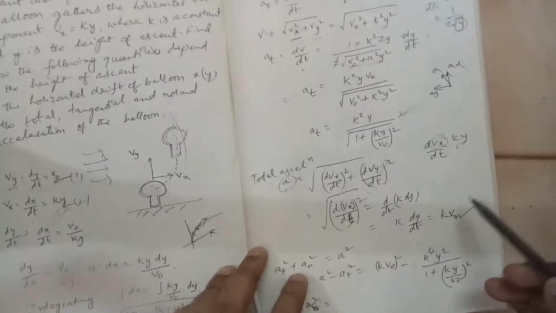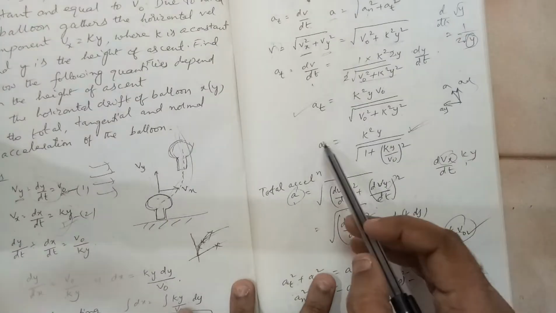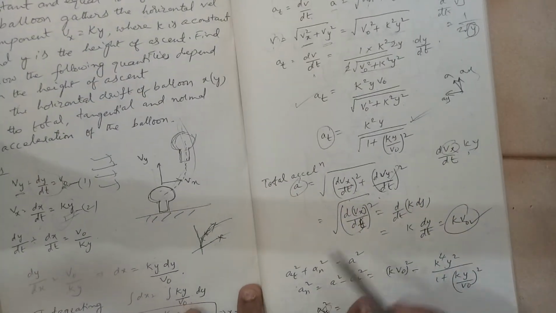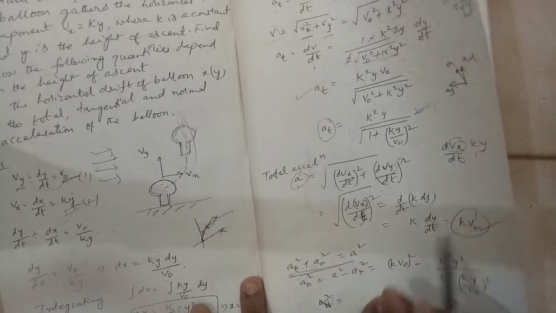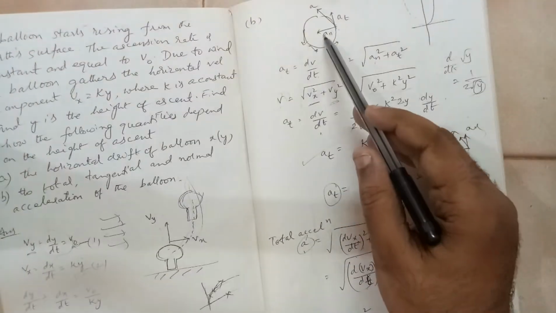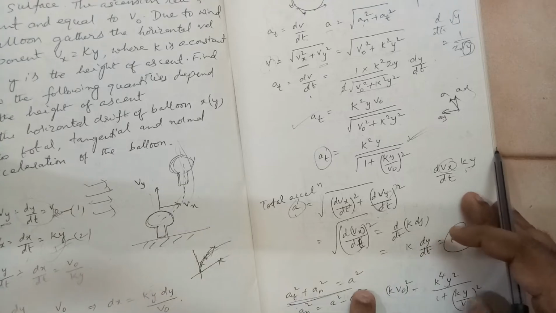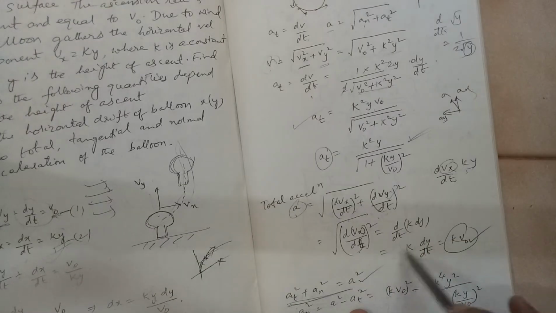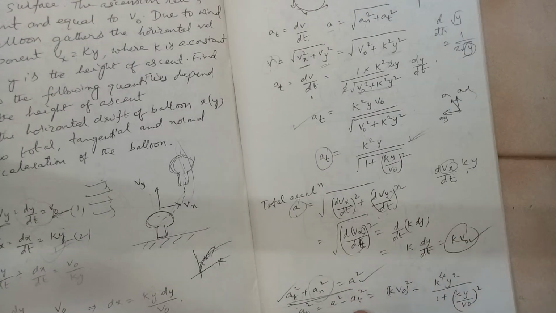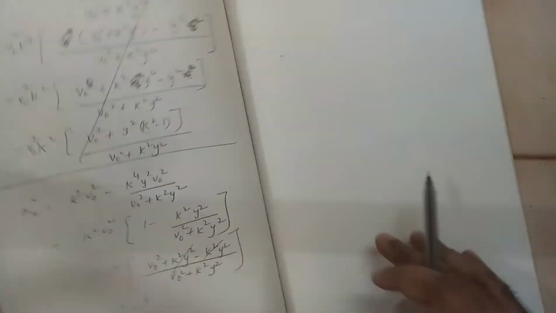Okay. So you got the total acceleration, you got the tangential acceleration. Now you need to use this expression: at square plus an square is equal to a square. You know a, you know at, you need to find an. So just put the values.